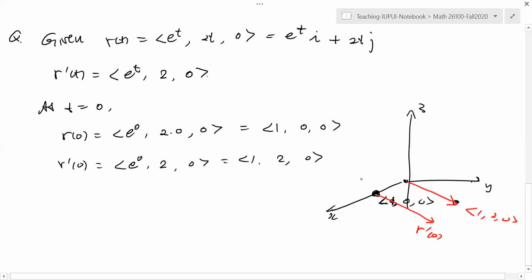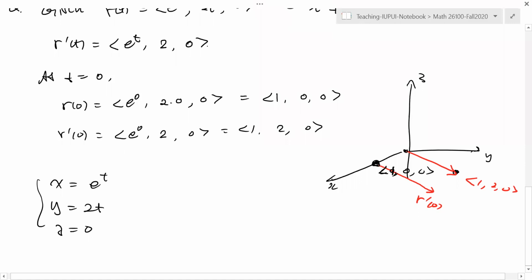And the curve, let's see, how does the curve look like? Here x is going to be e to the t, y is going to be 2t, z is going to be 0, okay? Now you can find the relationship between x and y. Because t is half of y, this implies x is going to be e to the half of y, okay?